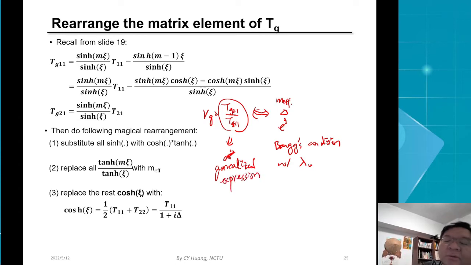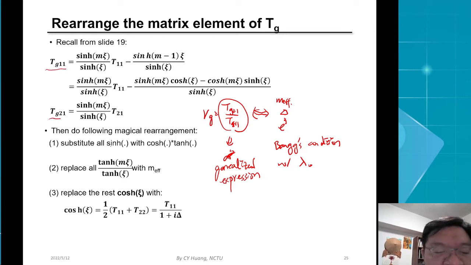Okay, so the path to link both is purely mathematical. I will just tell you the sequence of rearrangement. First you have RG of TG21 and TG11.